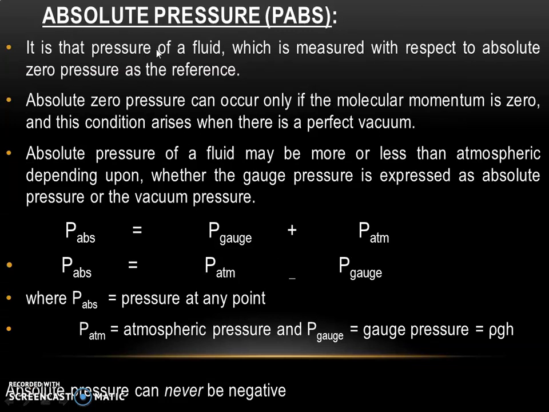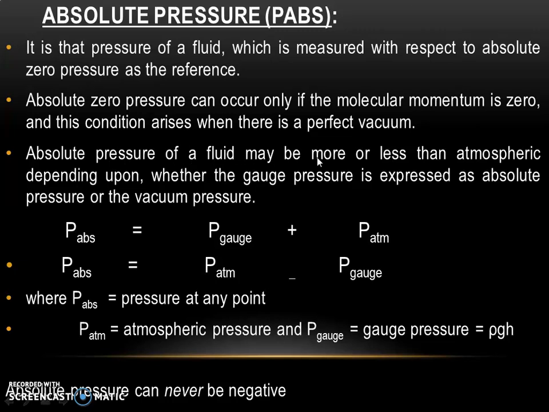Absolute pressure is the pressure of a fluid which is measured with respect to absolute zero pressure as the reference, and absolute zero pressure can occur only if molecular momentum is zero, and this condition arises when there is perfect vacuum.